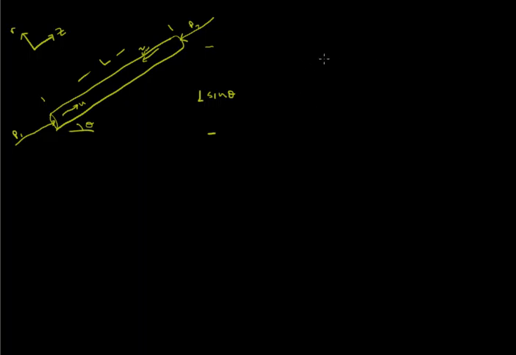The way that this is different than our last derivation is that we have the effect of gravity now. So we're no longer horizontal. We have gravity acting on our fluid. So if we look at a force diagram, we have gravity acting straight down. So that will be our g sine theta.